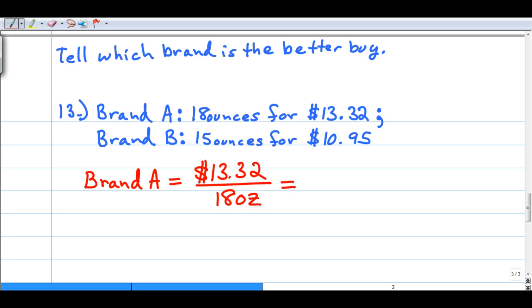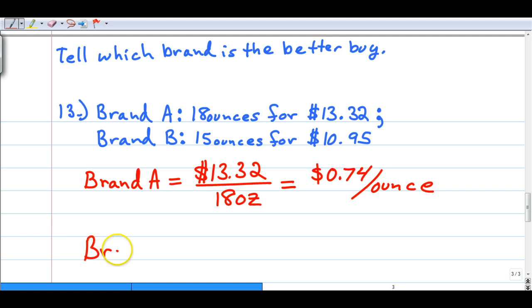This is creating a unit ratio, a comparison of one value, in this case the cost, to one unit, in this case 1 ounce. This gives us a total of 74 cents per ounce.